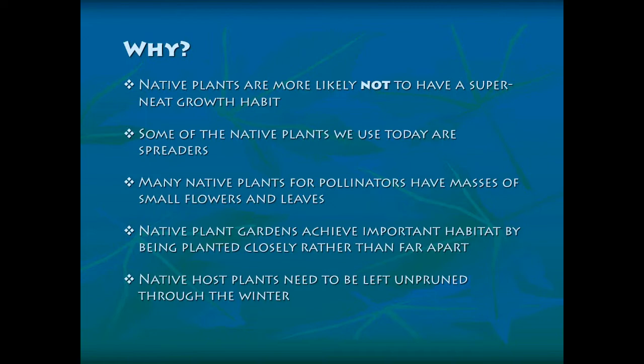And some of them are active spreaders. Virginia rose is one of them. Hay-scented fern is another that actually is invasive, but it has its uses. And many of the native plants in New England are structured so that they have just masses of small flowers and leaves, and that's to do with the kinds of pollinators that we have around here.